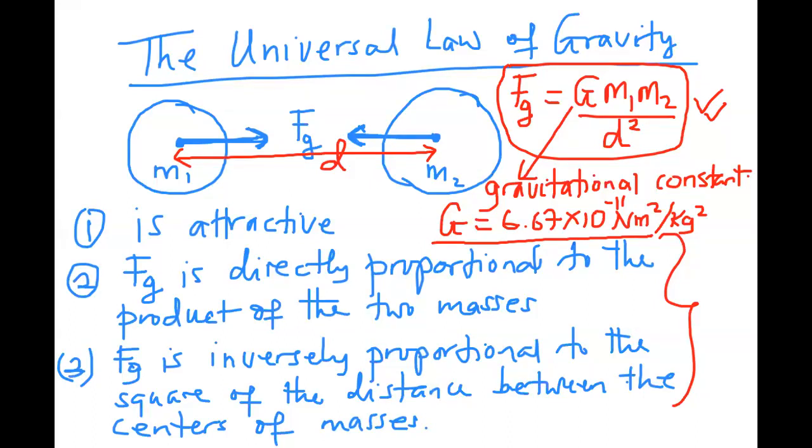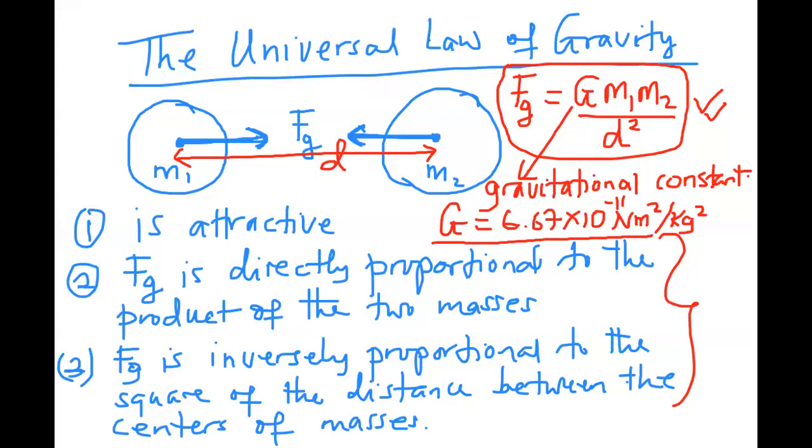For example, think about your cell phone and the textbook. The cell phone and the textbook will not gravitate to each other because their masses are very, very small. You need huge masses, like the size of the mass of the Earth, for example, or the mass of the moon.